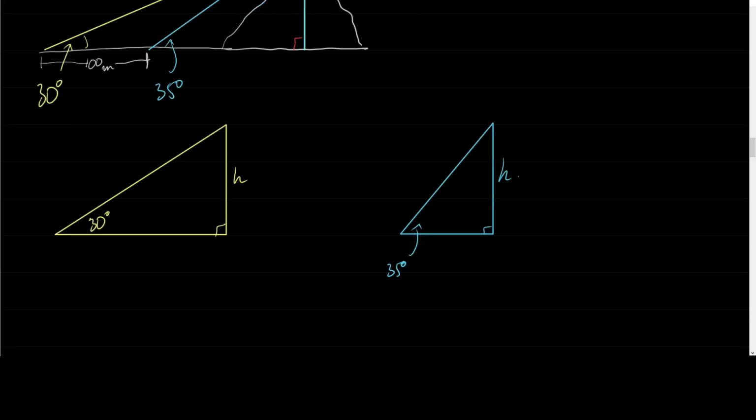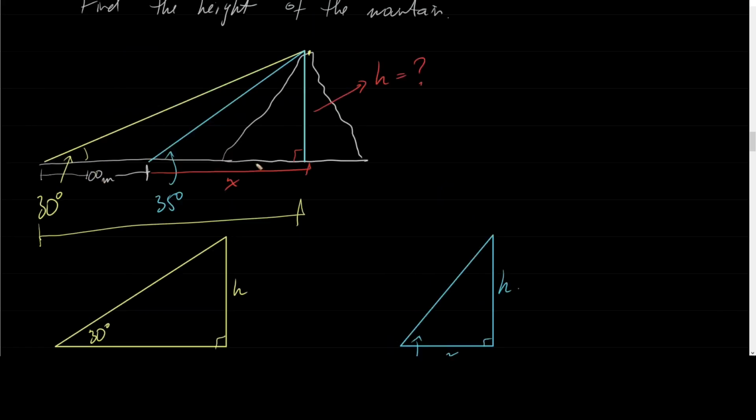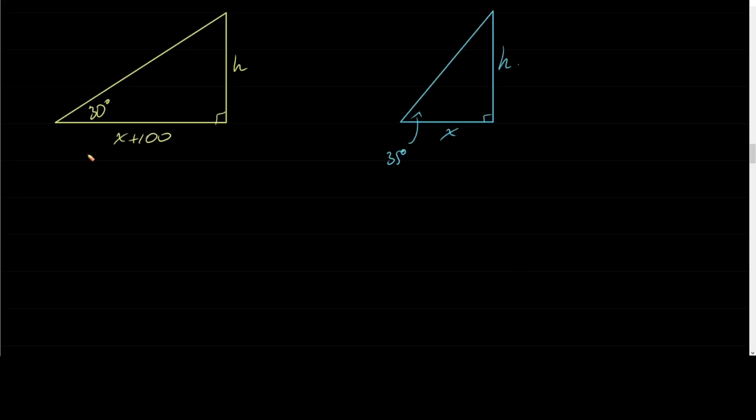Well, let's say that I name this distance right here x. Meaning that in the blue triangle, this side right here would be x. And in the yellow triangle, this side right here would be x plus 100. And it's x plus 100 because it would be this entire distance, right? This 100 plus x, this entire distance.